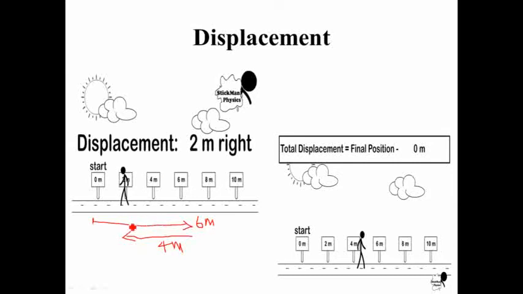When we consider the direction, if it is in the opposite way, you have to indicate it with signs. So if one direction is positive, the opposite direction should be minus 4 meter. So when you add this up, it becomes 6 minus 4, which is equal to 2 meter now.